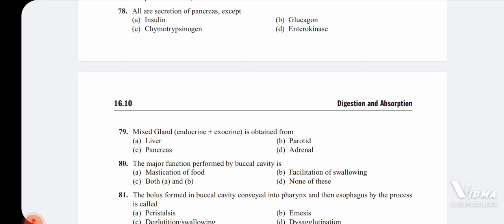When the bolus enters from the buccal cavity to the esophagus, that process is called swallowing, or deglutition. So the function performed by the buccal cavity is both A and B.